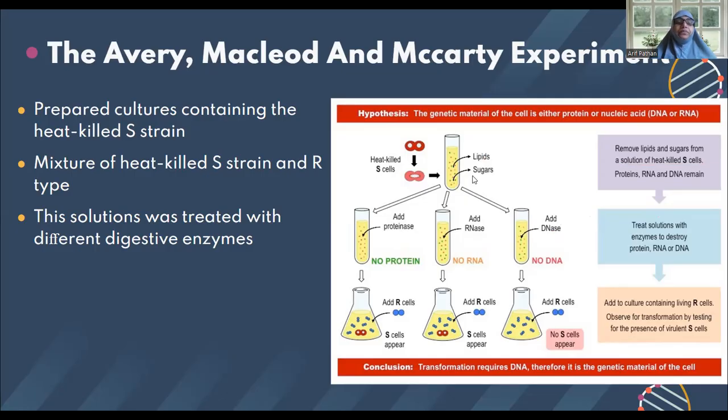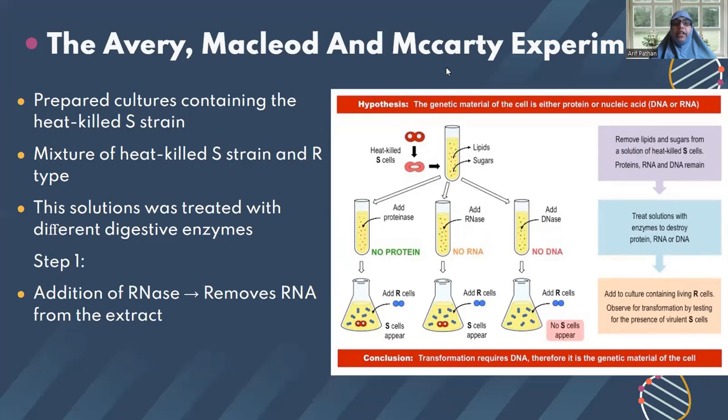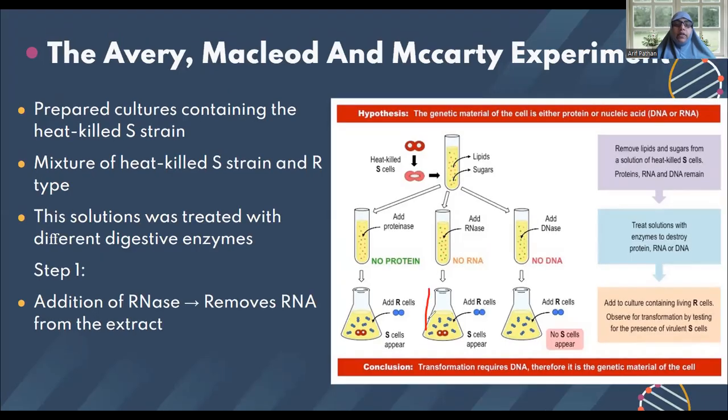So step one, we will consider only protein. They were a group of scientists. Now, addition of the proteinase. After adding this enzyme, what will happen ideally? This proteinase will break up the protein molecule.